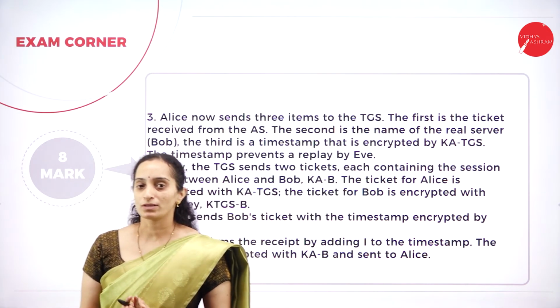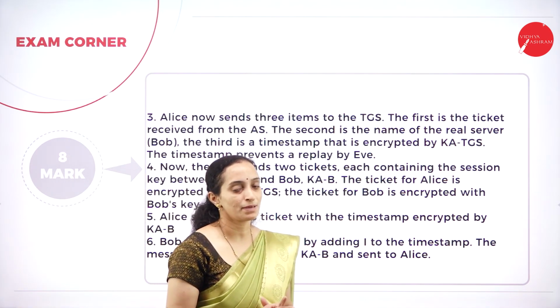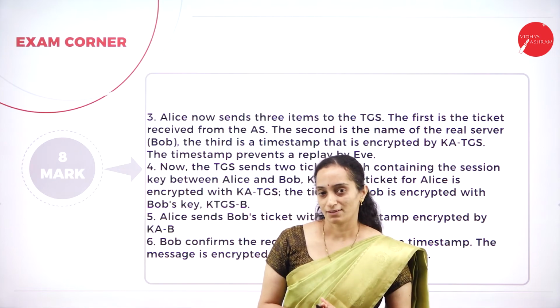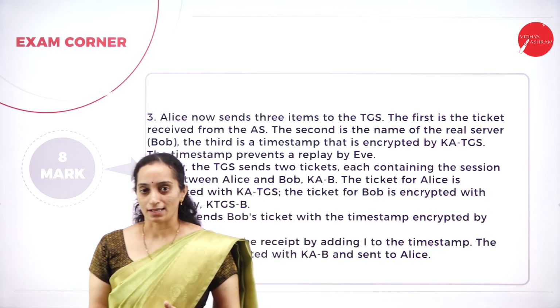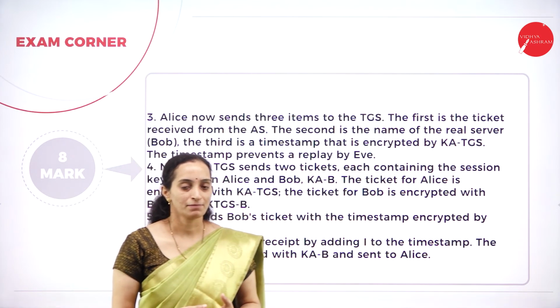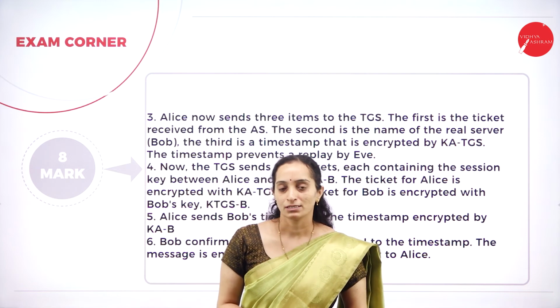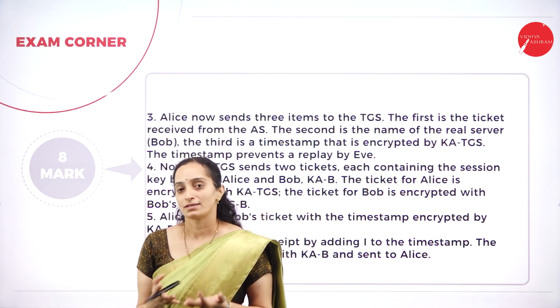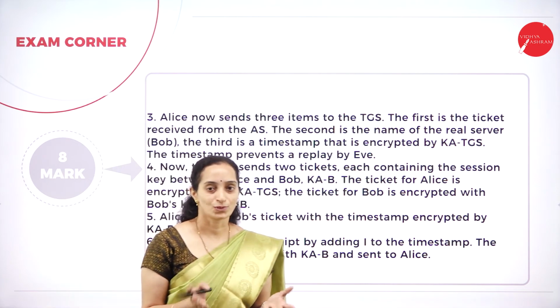Okay. About the problems. A problem may be asked in the first unit, second unit, or may not be asked. It is not mandatory and we don't know whether it will appear or not. So if it does not come, no need to worry.